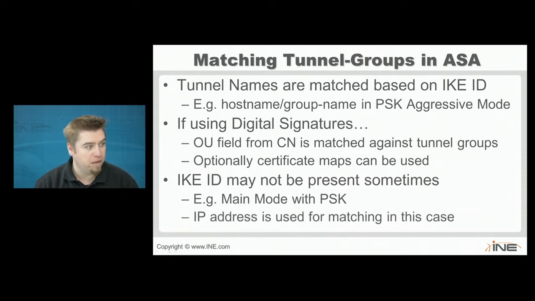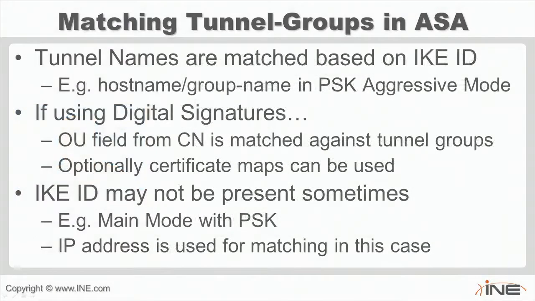So if you're using main mode, when you match the tunnel group, you're going to match against the IP address, and that's typically going to be for LAN to LAN. But when you're running remote access, you typically would want to use aggressive mode, because then you can match the IKE identifier immediately, associate that with the tunnel group, and then you know the individual attributes that you want to apply onto that specific tunnel.